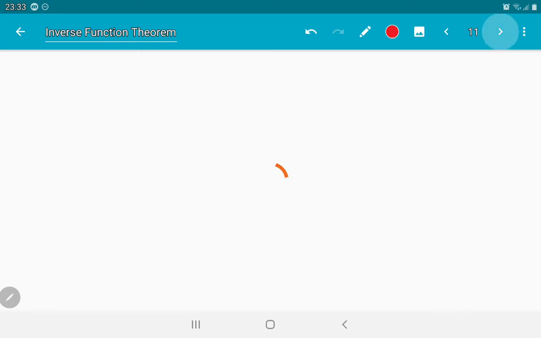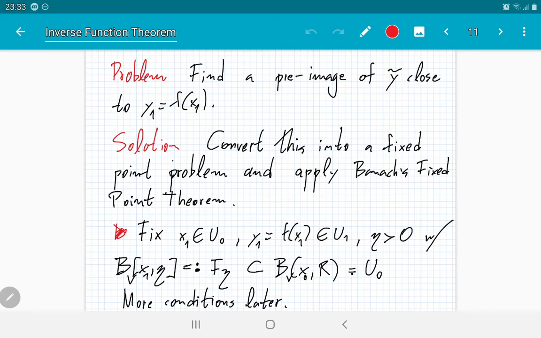How do we do this? Well, we have to construct this pre-image. And what we're going to do is to transform that problem of finding pre-images into a problem about fixed points. And we're going to use Banach's fixed point theorem exactly in this step.